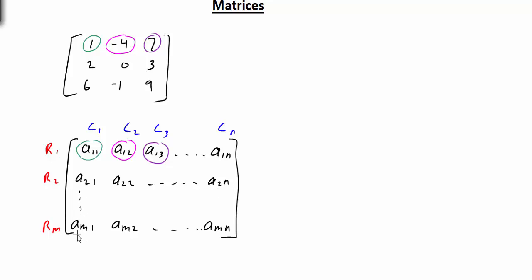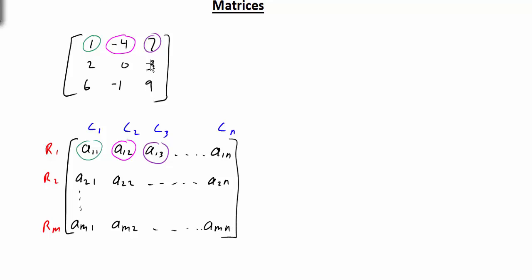And then we could go all the way to the bottom, where we would have am1, which tells us the max number of rows in column 1. And over here at the far bottom right, amn is representing the mth row in the nth column.